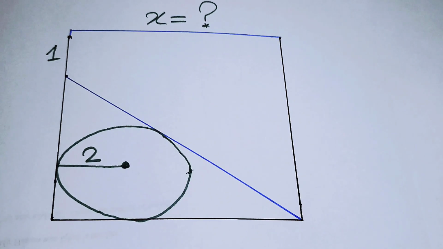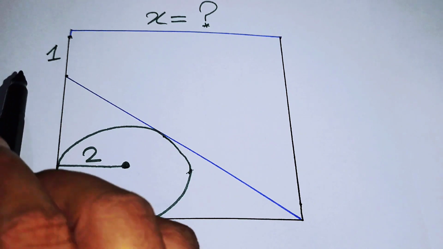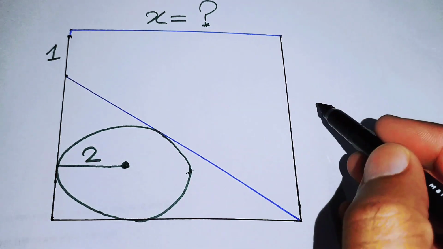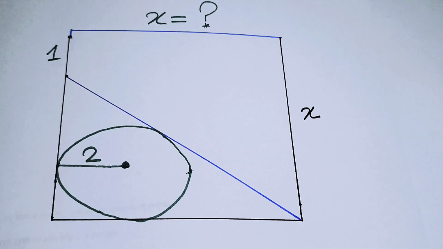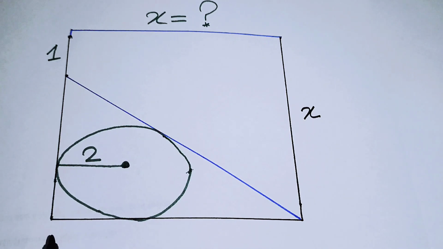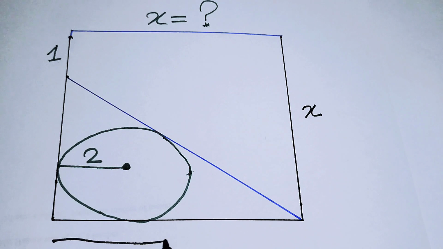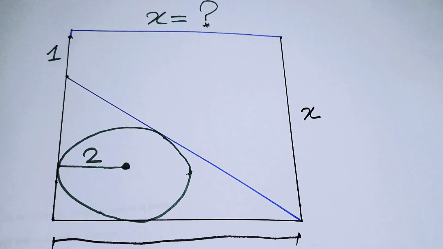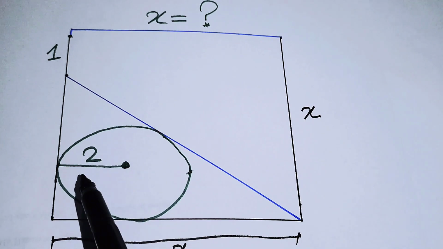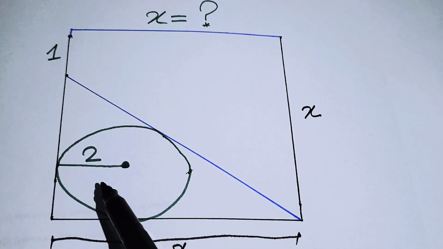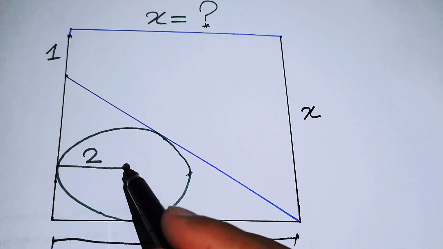So it means that the length of this whole side is also x, and the length of this whole side is also x.